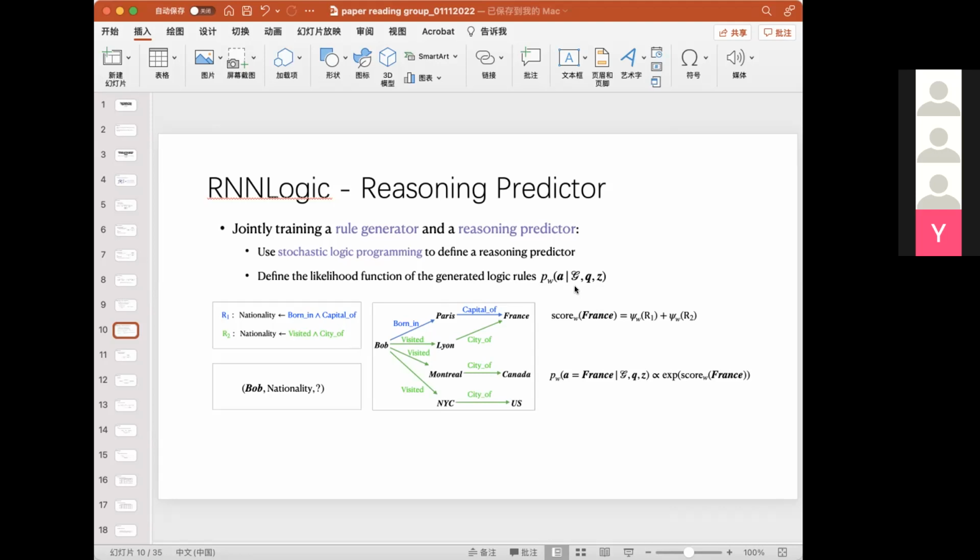Do they still just add up the scores? Yeah, they just add up the scores. According to my knowledge, simple addition is the widely accepted way to conduct reasoning based on rules. So that might be a big problem for current research.